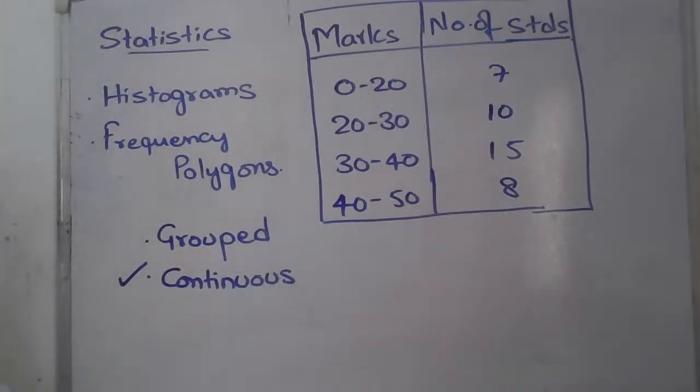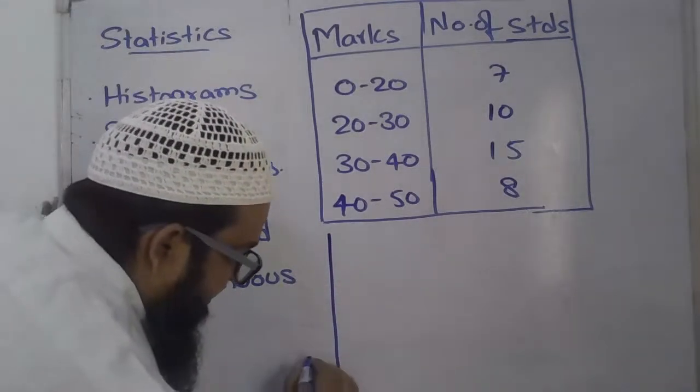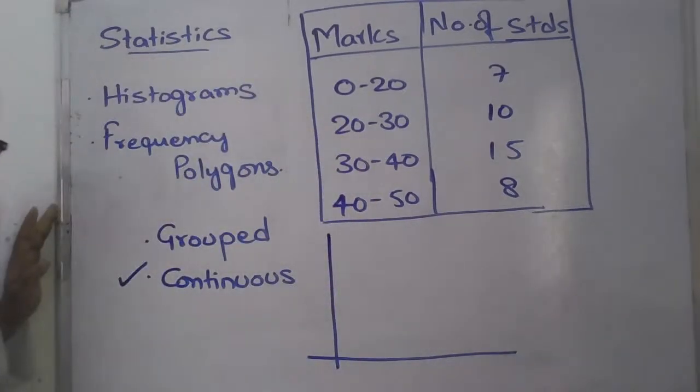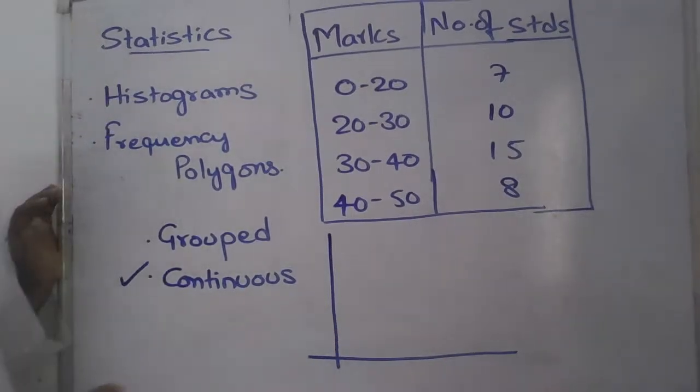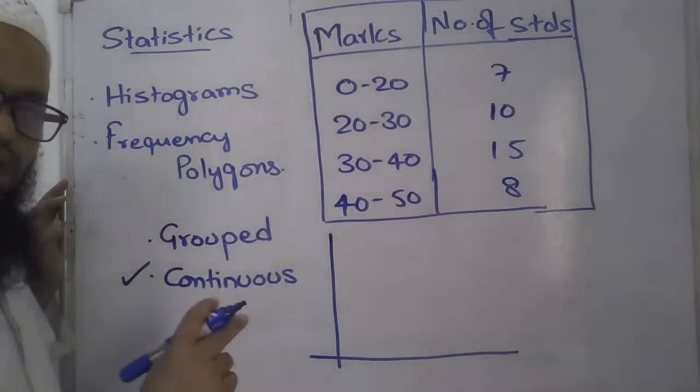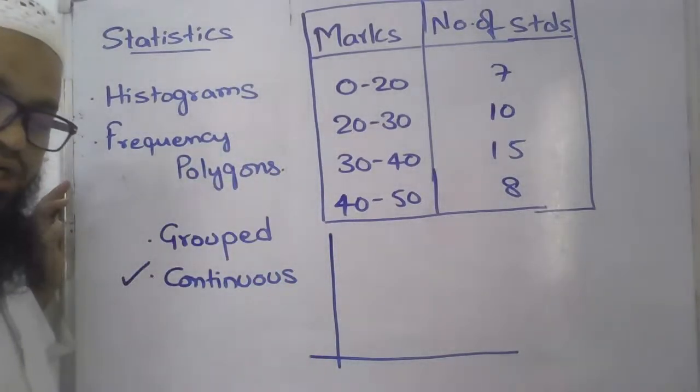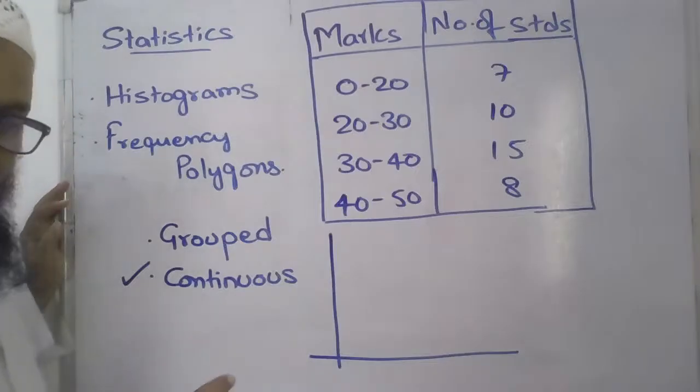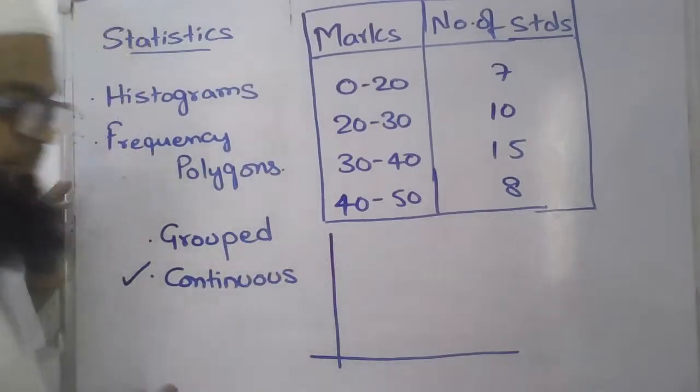Now let us draw a histogram. First, you have the x-axis and y-axis. I hope you are able to see it, right? You will be given a graph sheet. If it is not a graph sheet, you can also draw histograms on a normal answer sheet, but we will give you a graph sheet, so please draw it carefully.